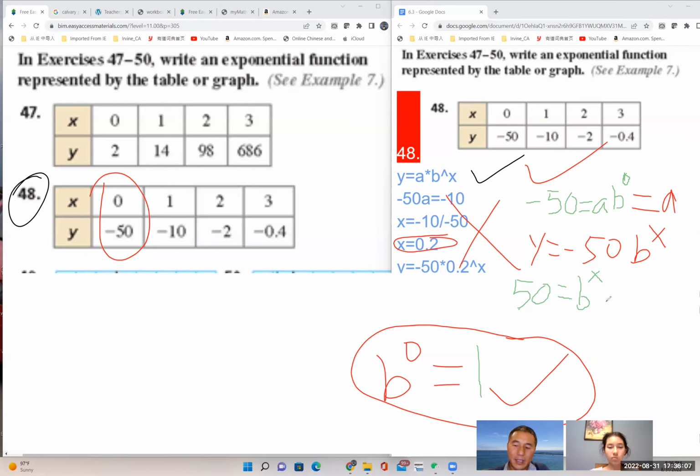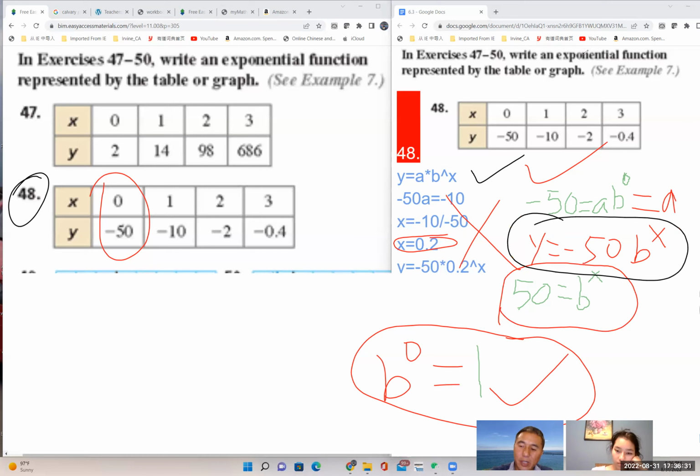Why do you have this? I got this from here. From where? Here is negative 50 b to the x. I cannot understand how you can get this from this.